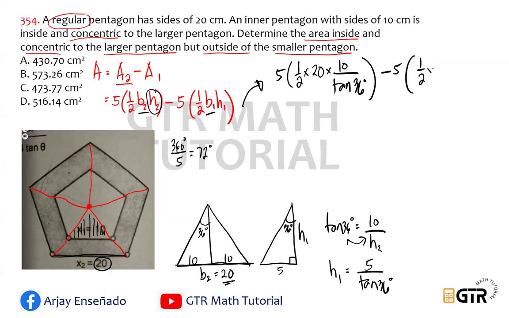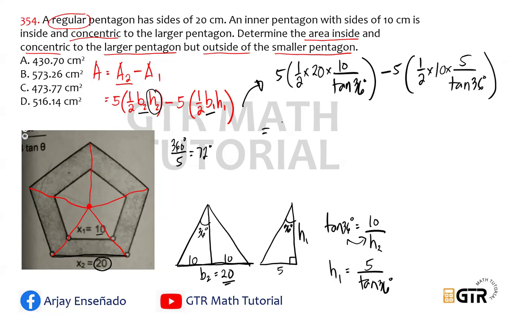So we have 1 half times the base of 10 times the height, which will be 5 over tangent 36 degrees.